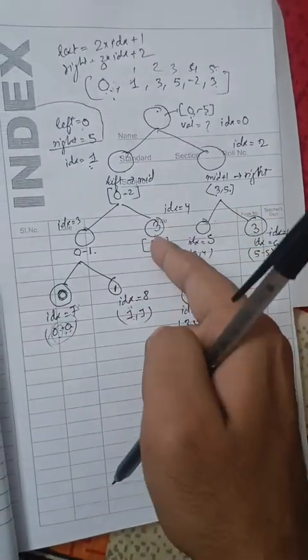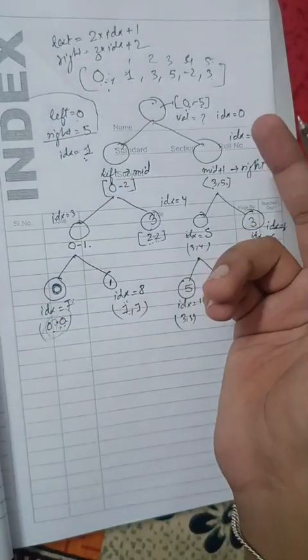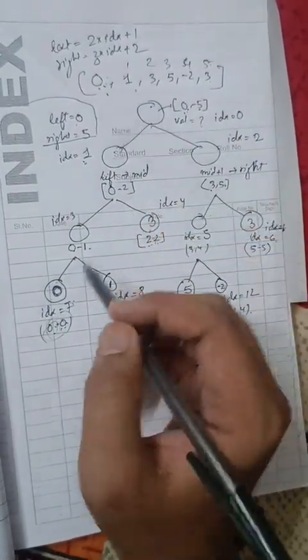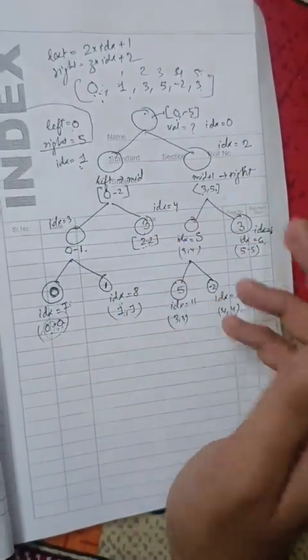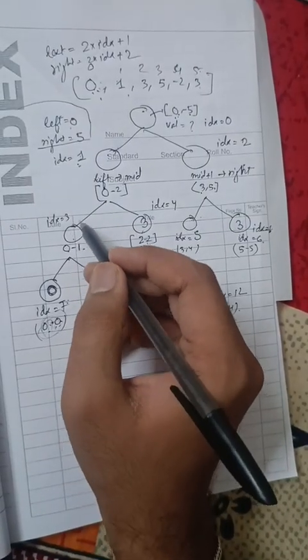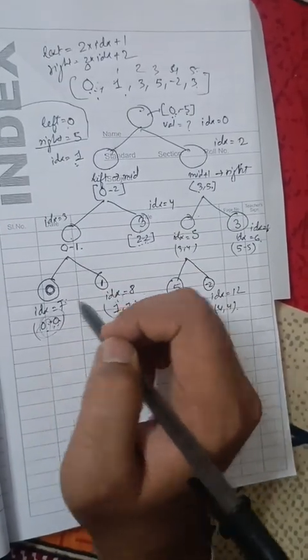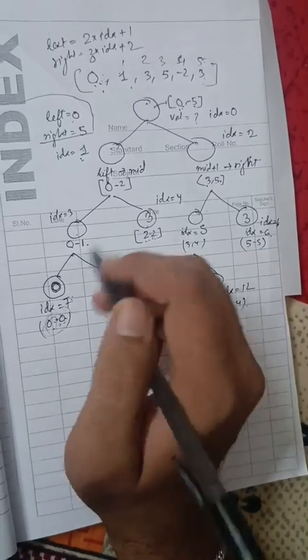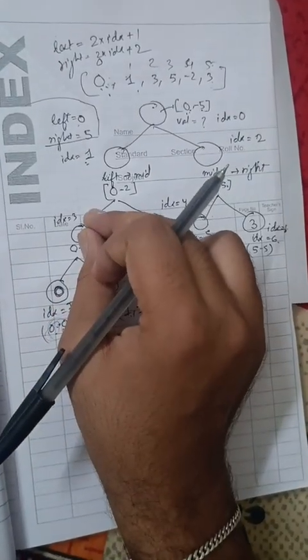If I have to find the multiplication of range 0 to 1, then I will do the same, and at last when I have to store the value of the parent index from the leaf nodes, I will simply do the multiplication of both, right?